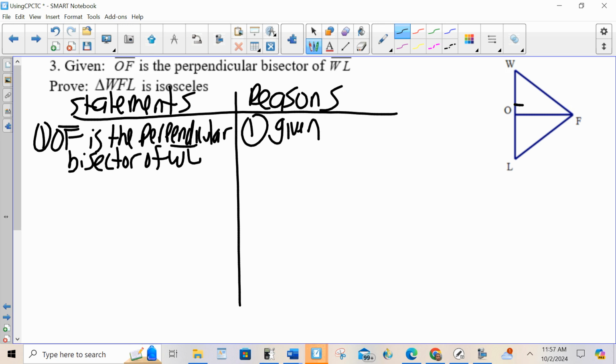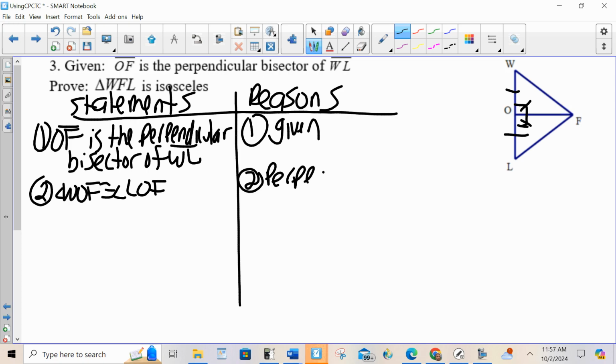Perpendicular bisector creates congruent right angles from perpendicular and bisects. So I can state that angle WOF is congruent to angle LOF. I'm going to say perpendicular lines. I don't have to say perpendicular bisector. Perpendicular lines form congruent right angles.